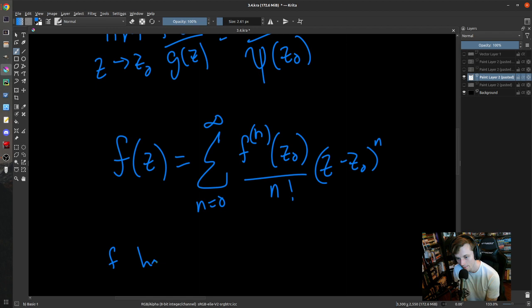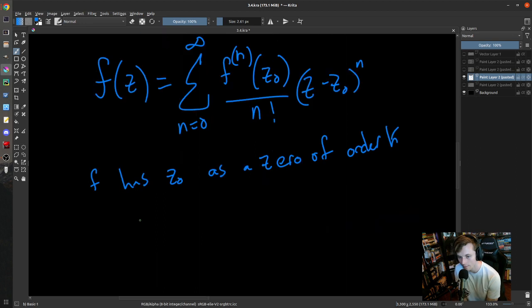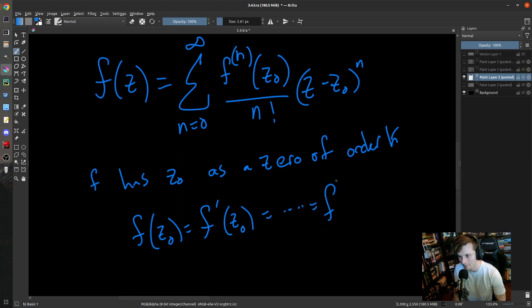Okay, cool. And then since f has z₀ as a zero of order k, notice what this means is that f(z₀) equals f′(z₀) equals dot dot dot all the way up to the (k−1)th derivative at z₀.